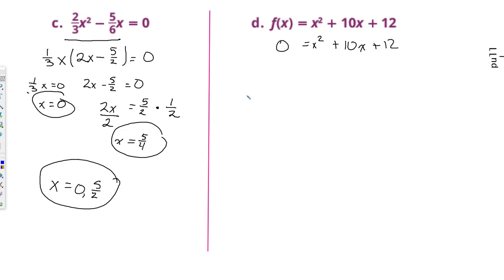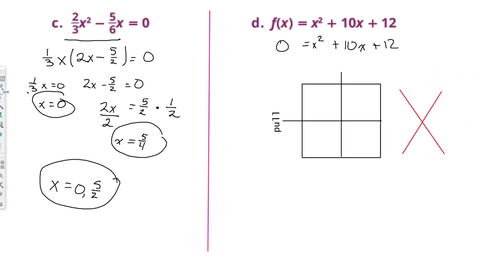So let's see, can I factor this? What would go in my top left-hand corner? X. What goes in my bottom right-hand corner? 12. What is their product? 12x squared. And the sum is the 10x.